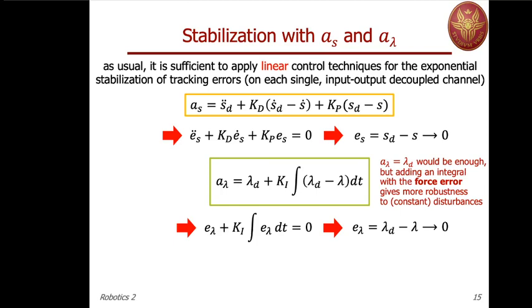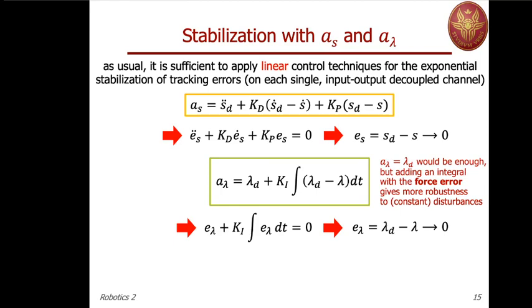For instance, if you have along the contact direction a force related to friction or to an incorrect orientation of the surface, then this will act typically as a constant disturbance, and this will be rejected by the integral term.